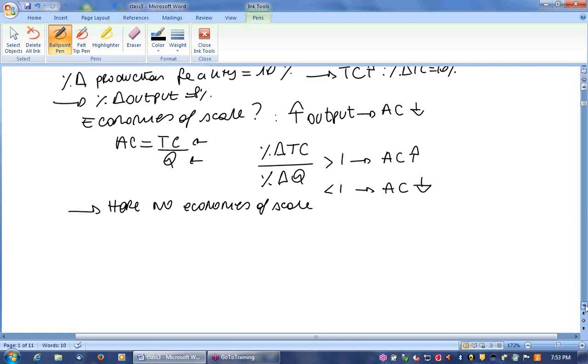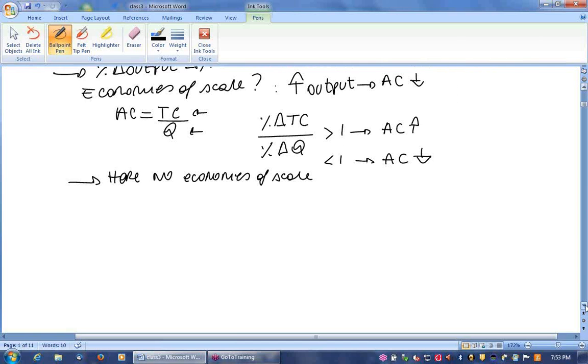Okay. So, problem set 3, question 6. Yeah, right. So if you have economies of scale, the long run average cost is going down.